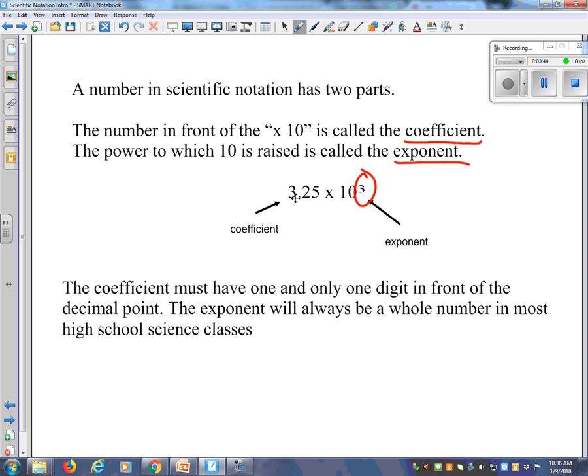And it's always non-zero. Okay? So you have to have one in front of the decimal. It can't be 0. Usually we put 2 here. That's just kind of a convention. So one number here in front of the decimal, 2 after the decimal, and the exponent has to be a whole number. Those are sort of the ground rules.